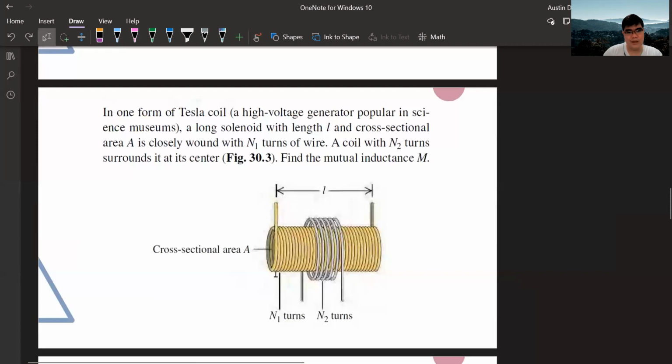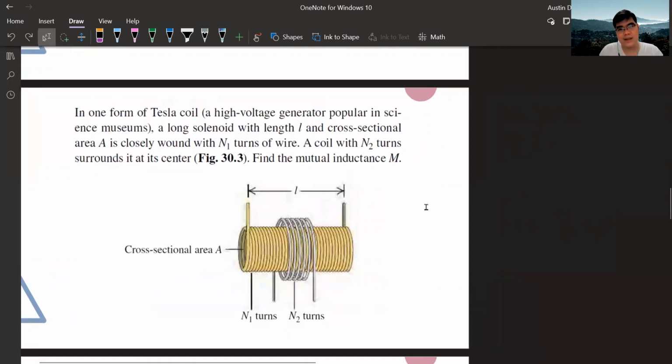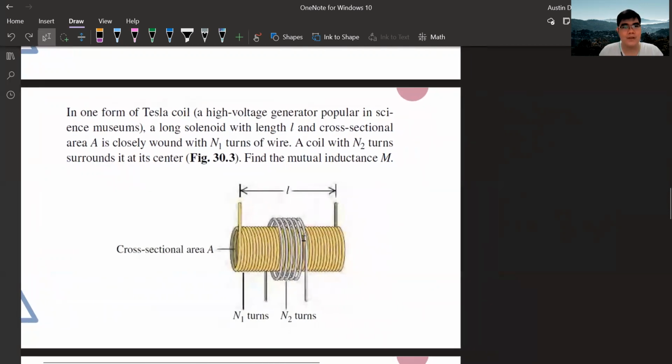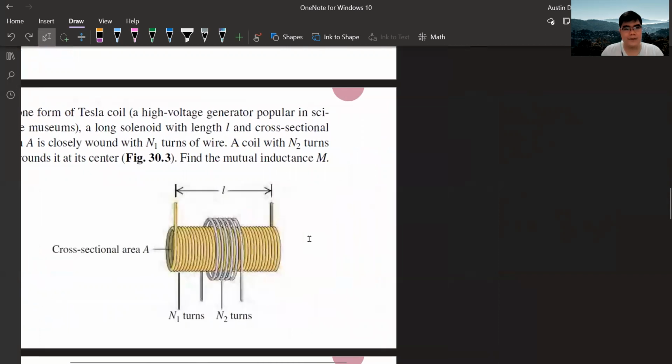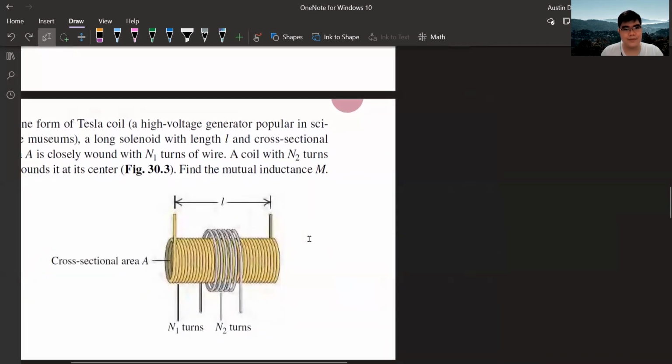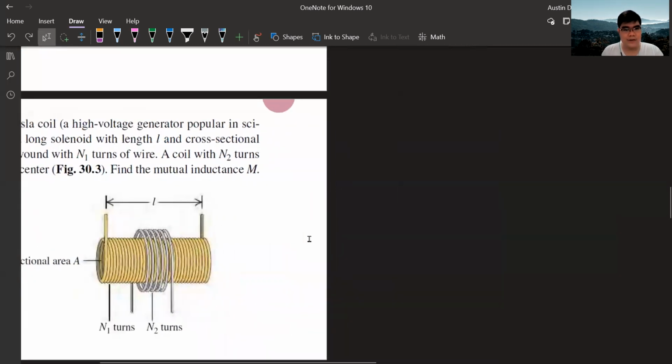Okay? So yung unang loop, yung yellow, would have N1 turns, and we are asked to find the mutual inductance of this system. Okay? How do we do this? Let's find first the phi. Okay? So si phi ay B times A.